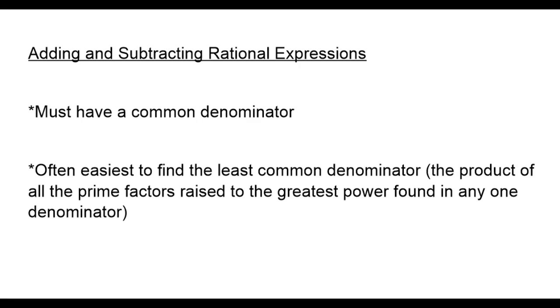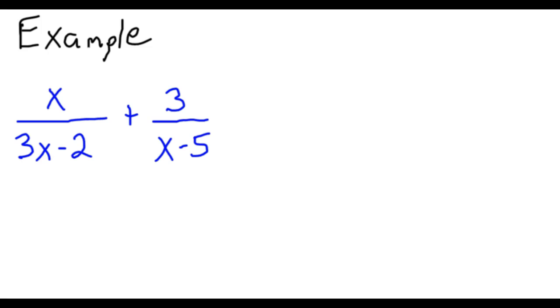We're going to go through an example. I think you have an idea of what the least common denominator is when dealing with real numbers. When dealing with rational expressions, it tends to be a little more confusing. The first example we're going to talk about is x divided by 3x minus 2 plus 3 divided by x minus 5.